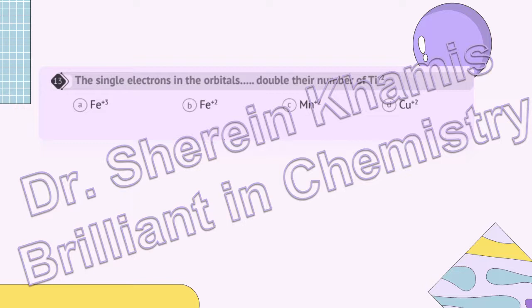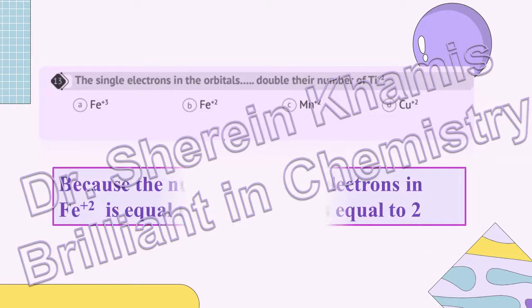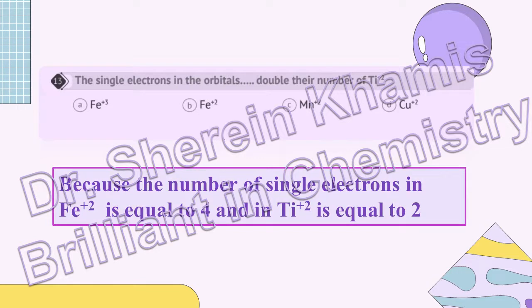If we discuss the answer, the number of single electrons in Fe plus 2, or iron plus 2, is 4 single electrons.